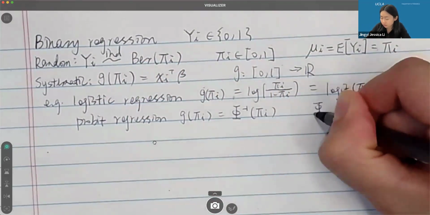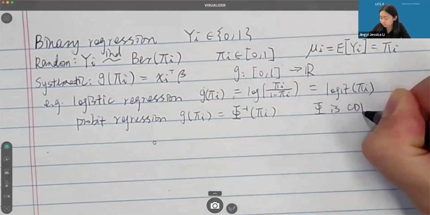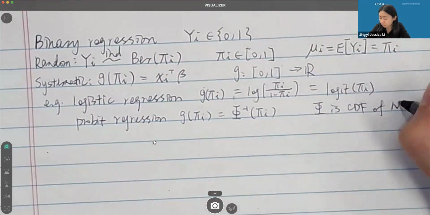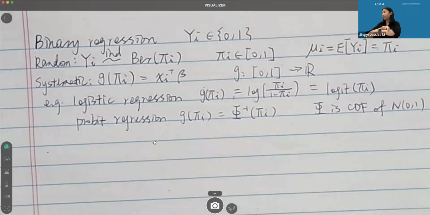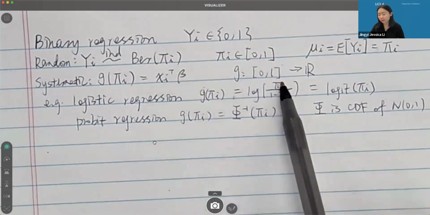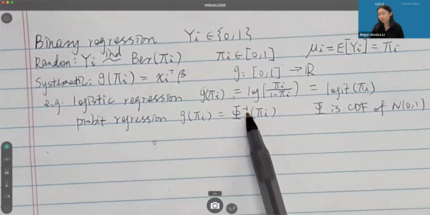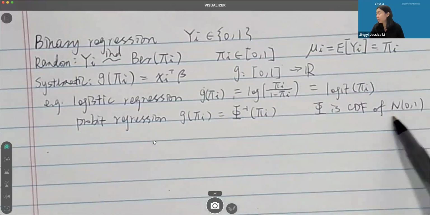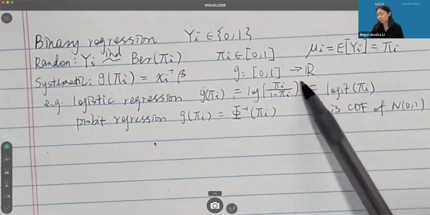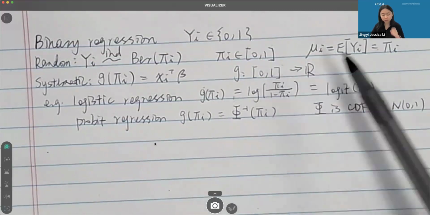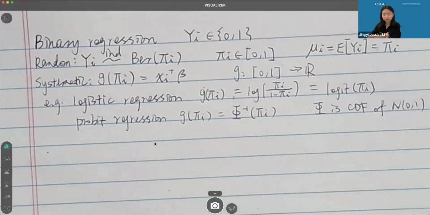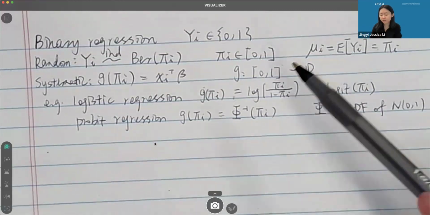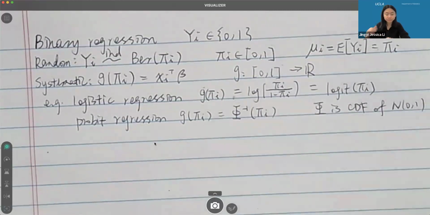So this is the CDF of the standard normal distribution. We also map this interval 0 to 1 back to R, because any CDF function will map whatever domain the distribution has, and here for the standard normal, the domain is R, the real line, to the 0 to 1 interval. That's in general. So probit regression uses the inverse of the CDF to achieve that.